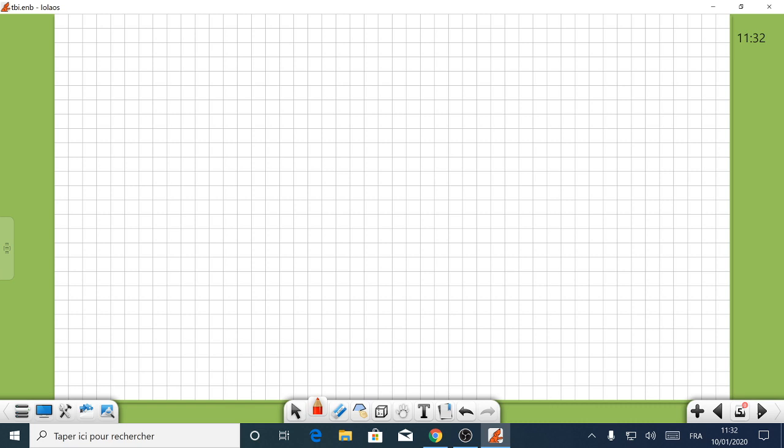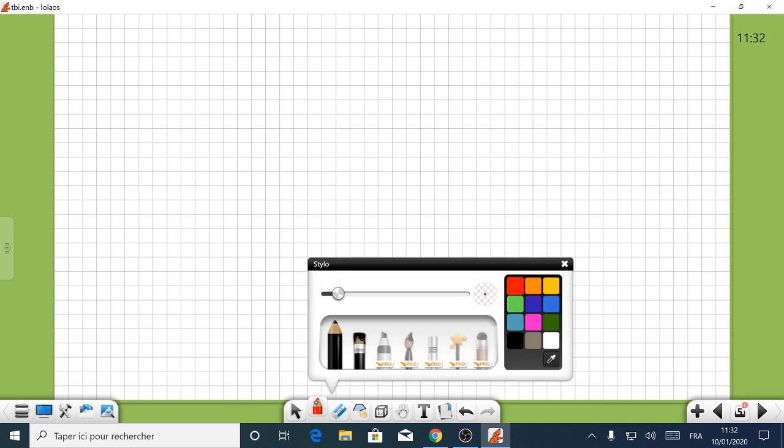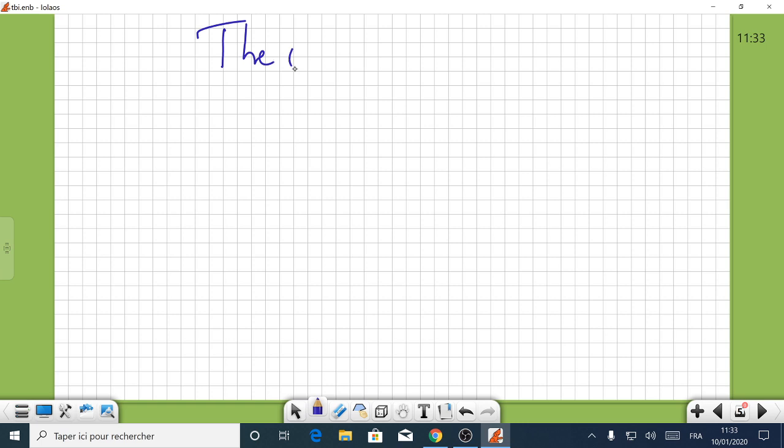So now we go up to see the next category, which is the objective pronouns. My handwriting is always bad. I try to make it better with this board.